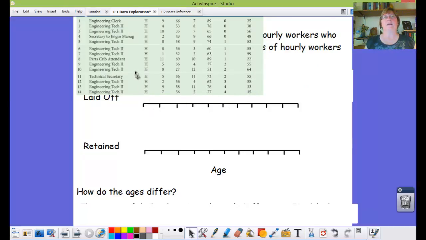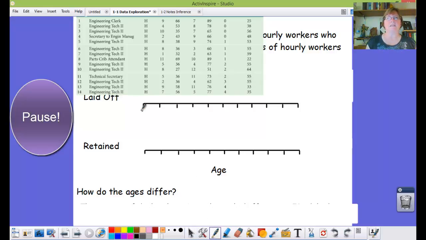However, we're doing a comparison graph, so we want the scale on both of these dot plots, whether they were laid off or retained, to be the same. So the lowest age is 22, the highest age I believe is 64. It looks like if we start numbering at 20 and go by 5s along our number line, we'll be good. So will you pause the video and do that?